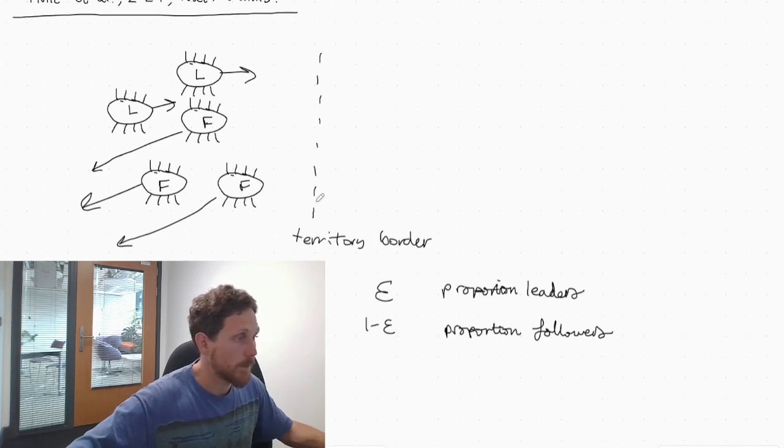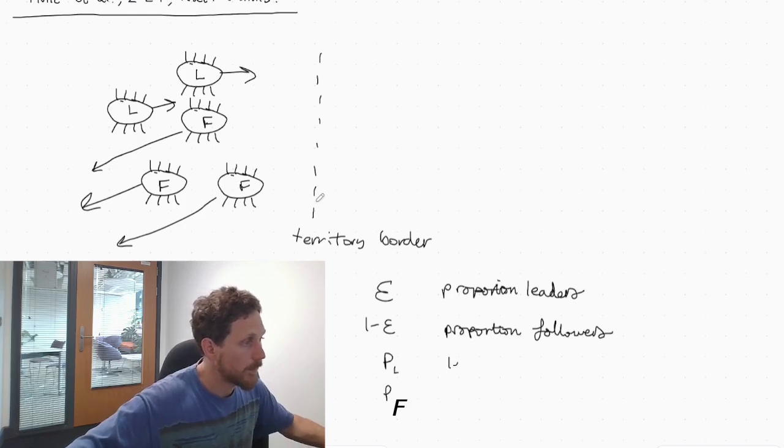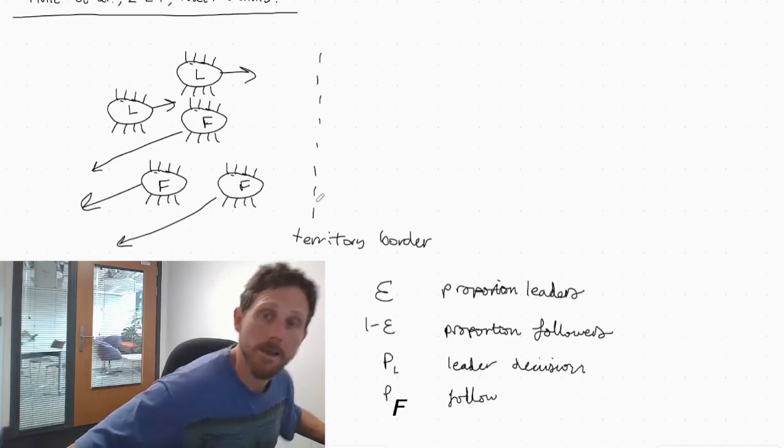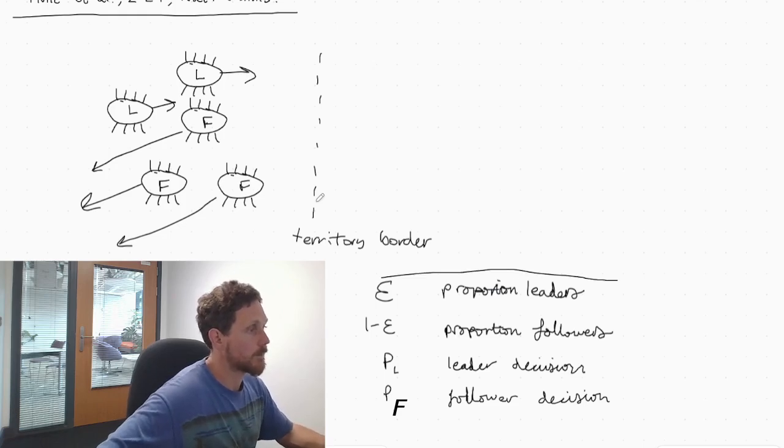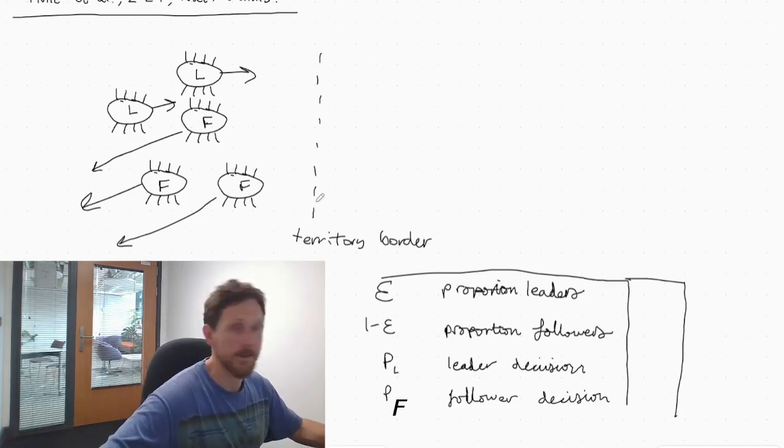We've got now what we might call a leader preference or leader decision. These are these arrows facing in or out, towards or away from the other group's territory. And then we've got these parameters, but we've also got example values that we've given in this toy example. The proportion of leaders being 0.4, proportion of followers 0.6.